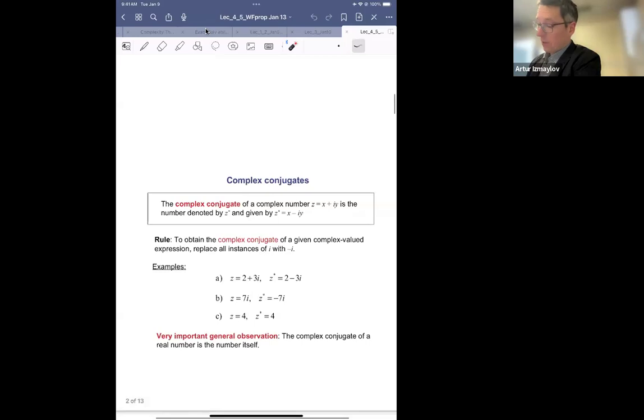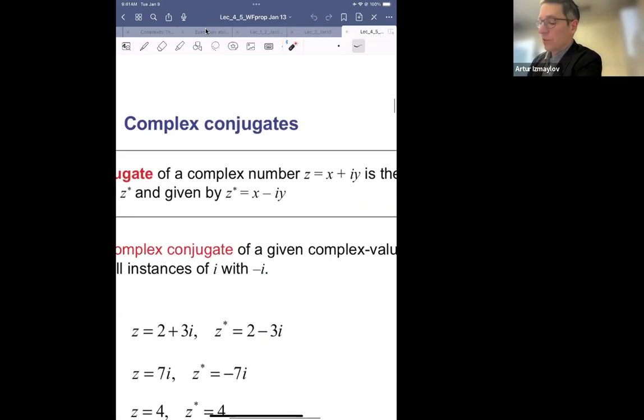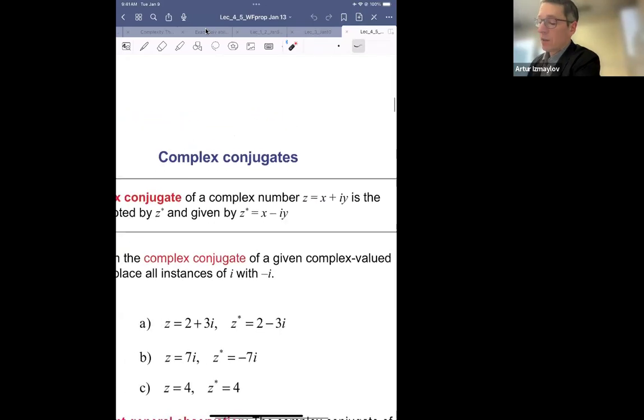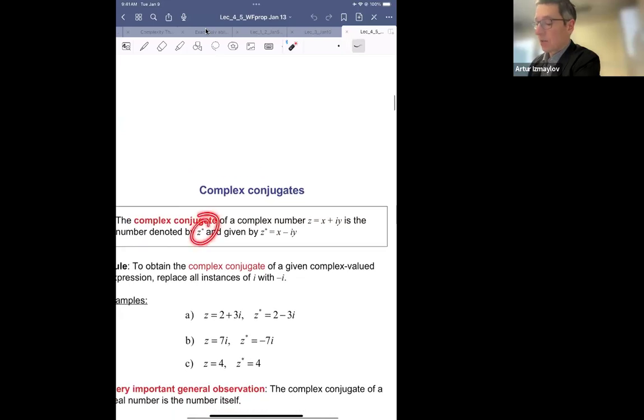Now, the operation that you should not forget about, and we will be using it in quite a few places, is complex conjugation. Complex conjugation is essential, and it's very simple. If you take z equals x plus iy, then z star, that's the conjugation, gives you just a change of the sign in the imaginary part.